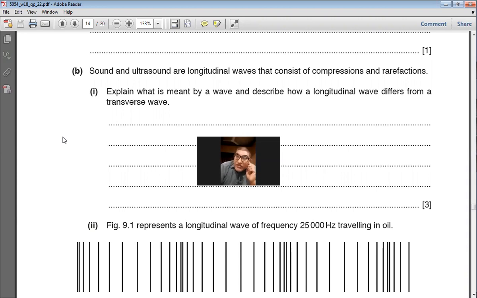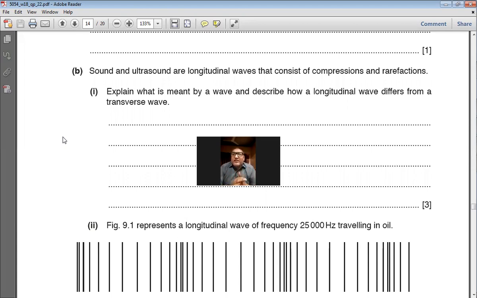And how a longitudinal wave differs from a transverse wave: in the longitudinal wave, or compressional wave, the particles of the medium vibrate parallel to the direction of the wave. In the transverse wave, the particles of the medium vibrate perpendicular to the direction of the wave.